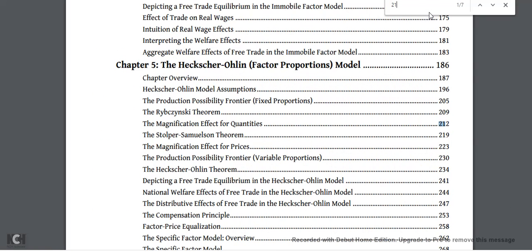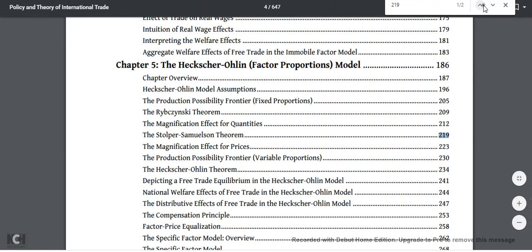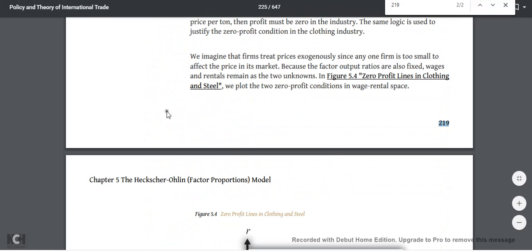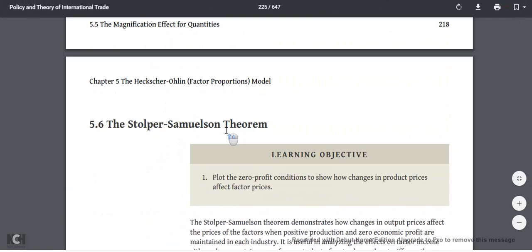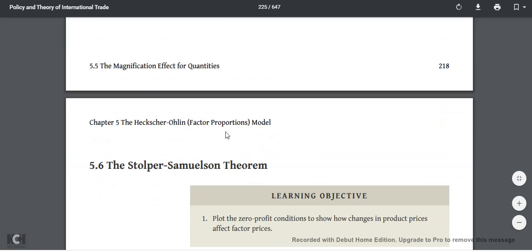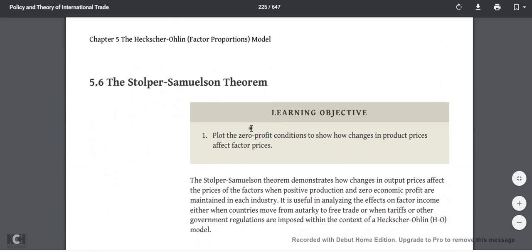You can type in the search column and you will get the page. So it is on page number 290. Okay. So today we will discuss the Stolper-Samuelson theorem with the help of an example and a graph.